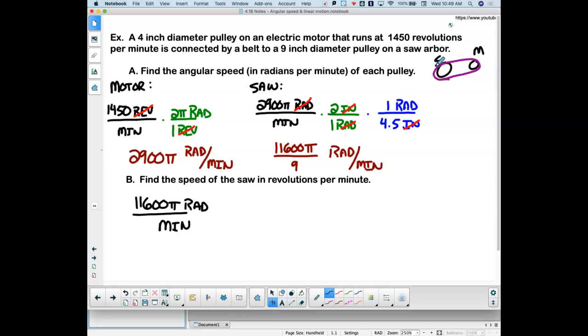Then that linear speed gets transferred over to the saw, which is the 9-inch diameter, so the radius is 4.5 inches. And then I did that math. On the test, are we going to need to do it the specific way? Because I'm kind of shortcutting, doing 2,900 pi times 4 over 9.